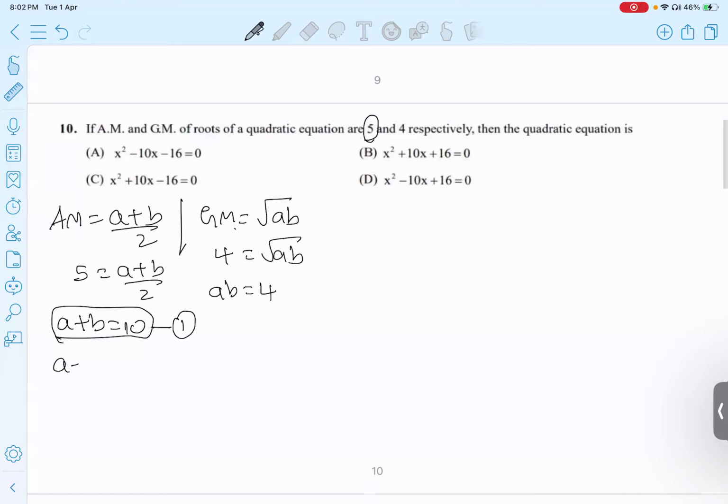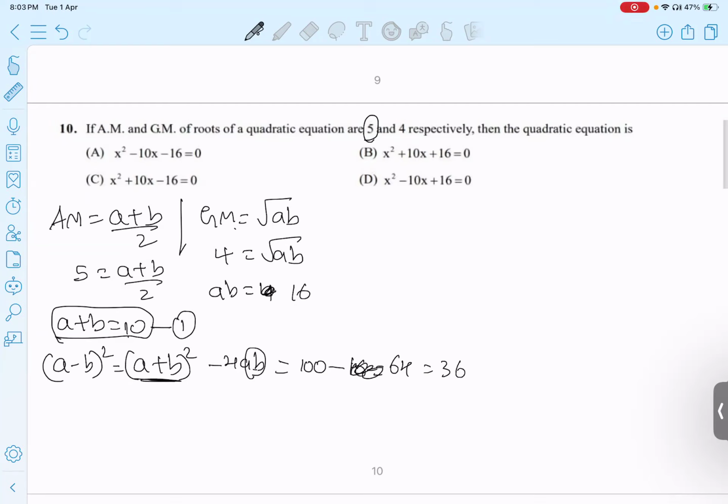Now, let us find what is (a minus b) whole square, which is (a plus b) whole square minus 4ab. a plus b is 10, square is 100, minus 4 into ab, and ab is 4, 4 4s are 16, so 100 minus 4 into 16, which should be 64. 100 minus 64 is, sorry, sometimes happens, 36.